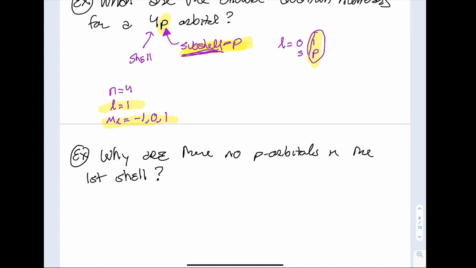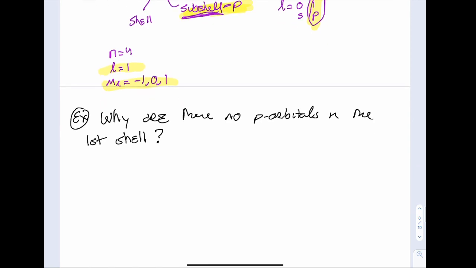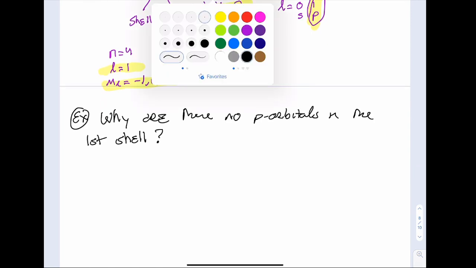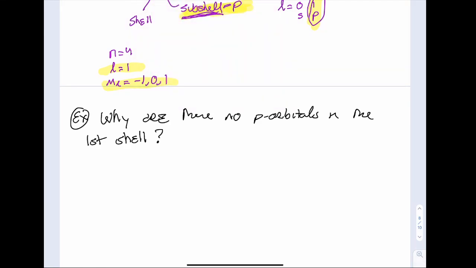So why are there no p orbitals in the first shell? It has to do with quantum mechanics. Remember, this is a mathematical model. Our answers are going to have to do with those quantum numbers. If we're in the first shell, what is my value for n? n is equal to 1.